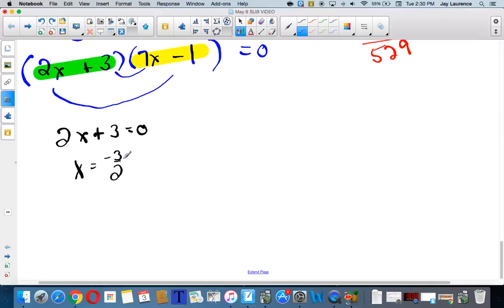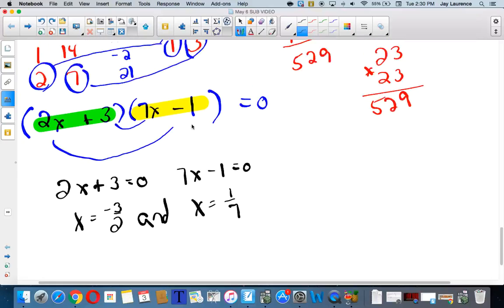I'll leave the details up to you on that one. The second one, you should have 7x minus 1 equals 0. And again, I'll leave the details to you. X will equal 1/7. There are your two solutions. Negative 3/2 and a positive 1/7.